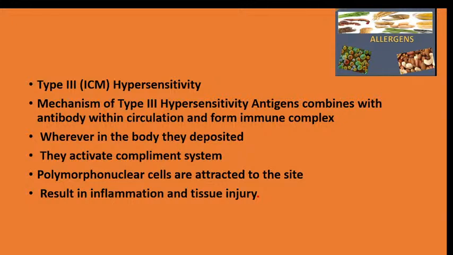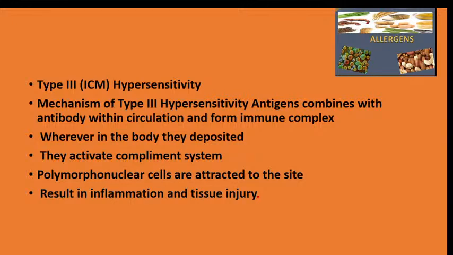Immune complexes are formed each and every time the allergen or antigen comes in contact with the antibody, and these immune complexes will be deposited. That is the difference from type 1 and type 2.